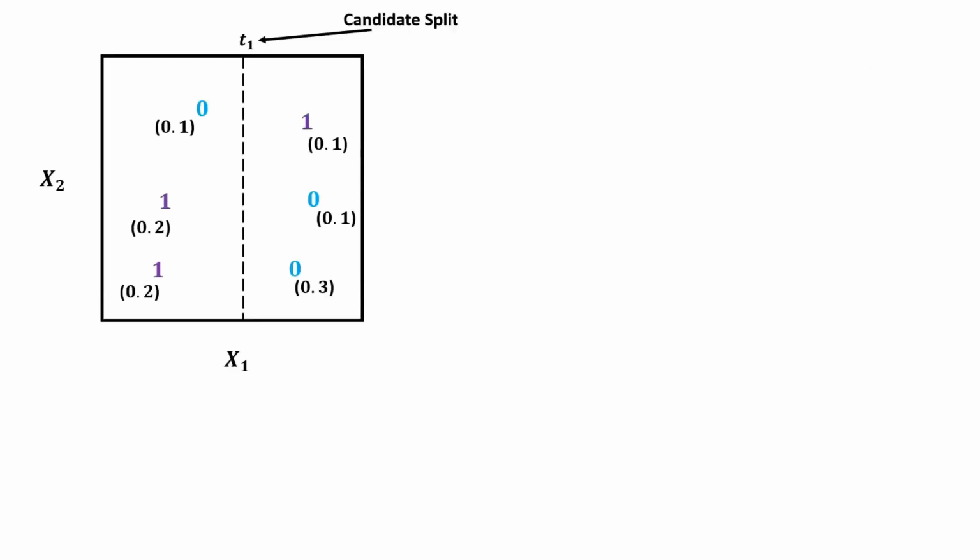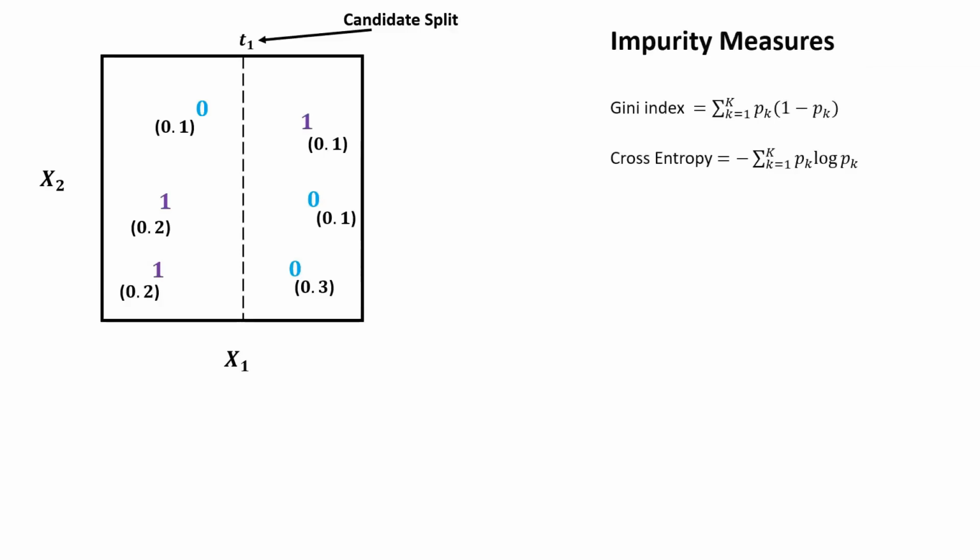Let's move this up a bit and define the different impurity measures used for decision tree classification. These impurity measures are the Gini index, which is the sum of P times 1 minus P for all classes, and cross entropy, the negative sum of P times log of P for all classes. The P is the proportions of classes in the node, also called the probability of a class inside that node.